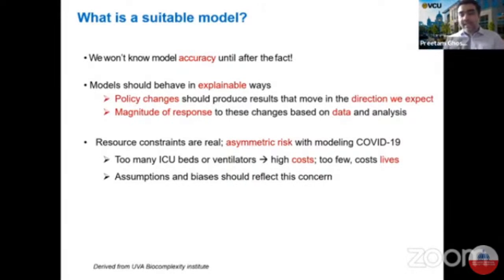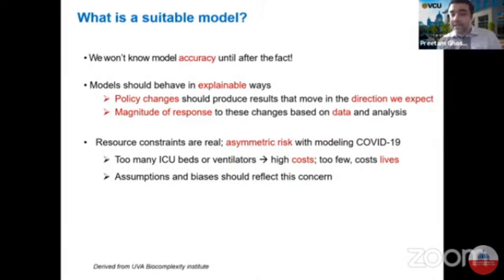You would expect the effects to follow the motivation for doing that. So you would want the infection count to saturate or to stay stable after the lockdown has been lifted, right? So that becomes important. The model predictions have to be explainable, and the magnitude of response is generally calibrated based on the real-time data sets that we use.